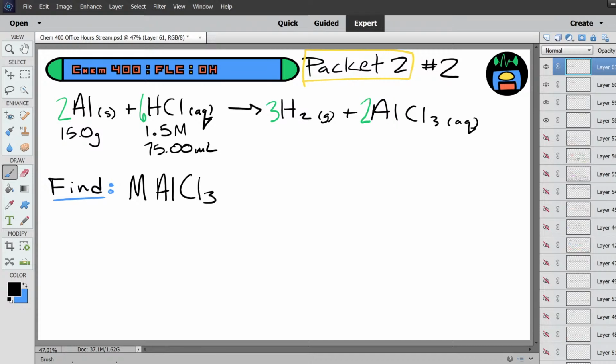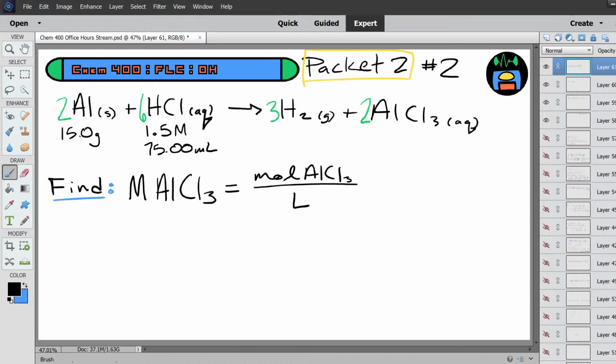All right, so we're going to do a little conceptual work first, kind of laying out the problem, then we'll get into the nitty-gritty. So first off, if we want to find molarity, we should write out the equation for molarity, because that'll tell us the pieces we need to identify. We need to find moles of aluminum chloride, right? Because molarity is moles of aluminum chloride per volume in liters.